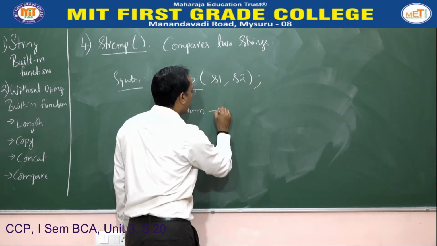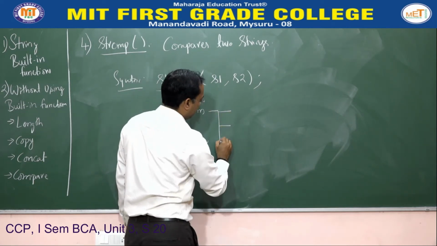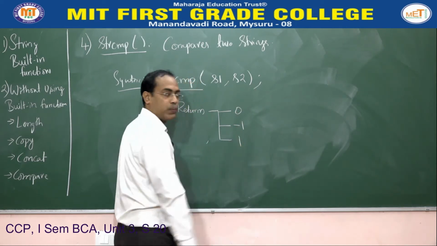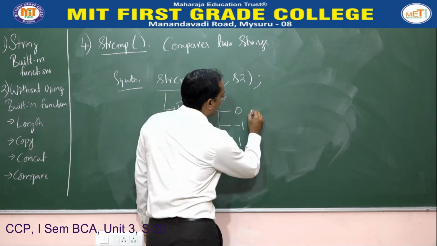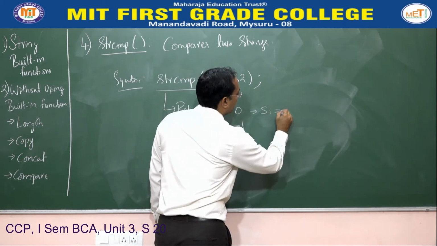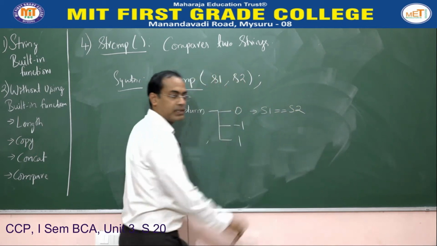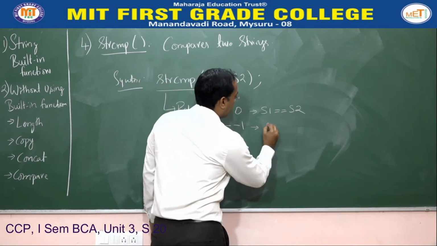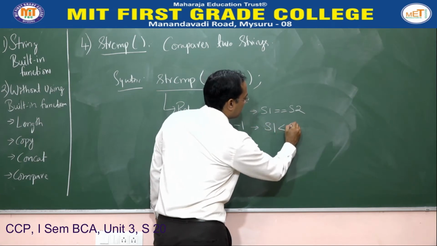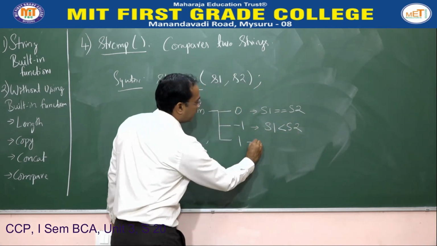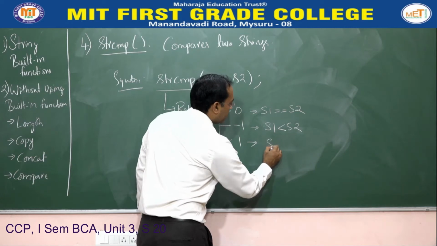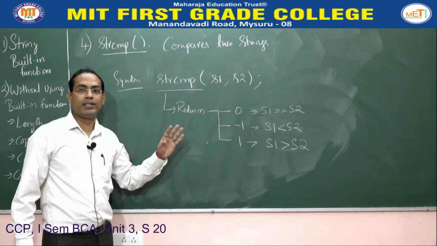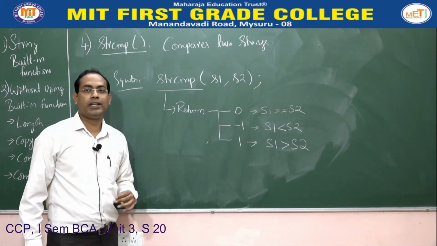That value will be either 0, a negative value, or a positive value. 0 in the case S1 equal to S2. If both the strings are the same, then 0 will be returned. It will return a negative if the first string is less than the second string. Similarly, it will return a positive number if the first string is greater than the second string. This is the usage of the string compare function.